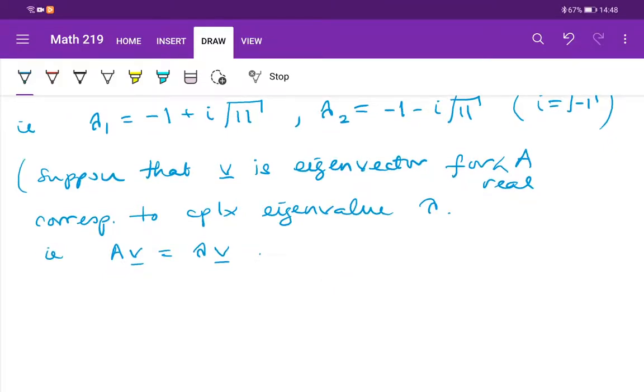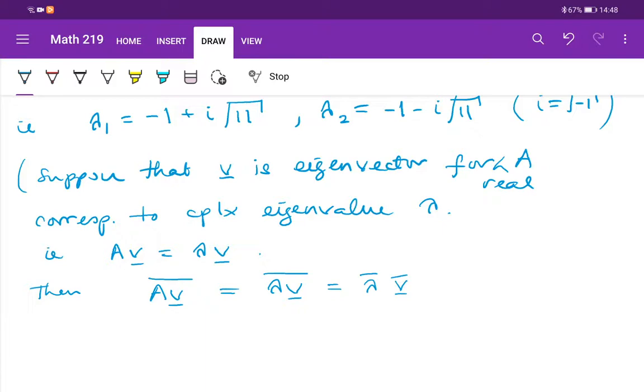So then, if we take the complex conjugate of both sides, we get A v bar is equal to lambda bar v bar. So bar here means conjugate. On the right-hand side, when you take the conjugate of a scalar multiple of v, this is lambda bar and v bar, of course.